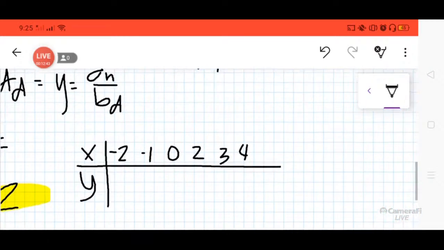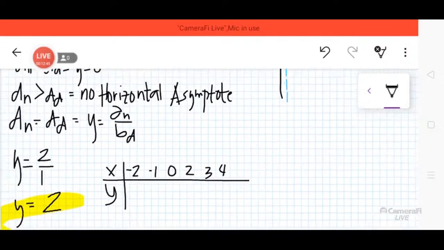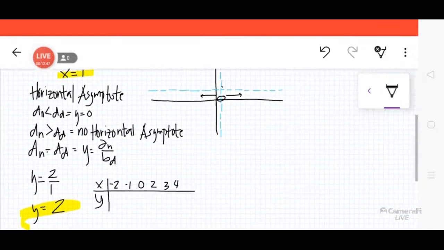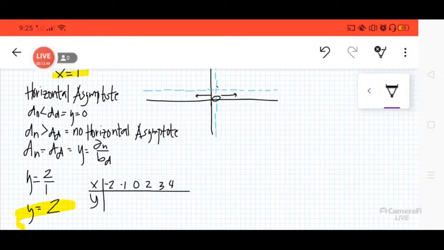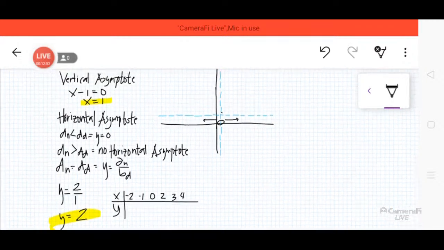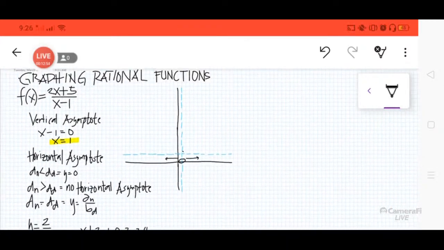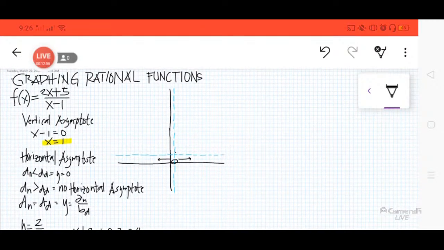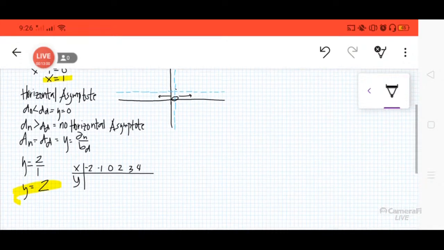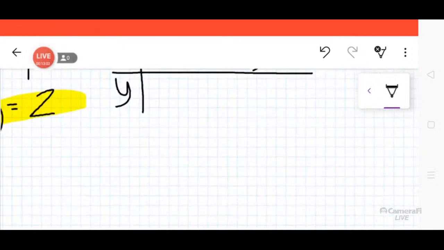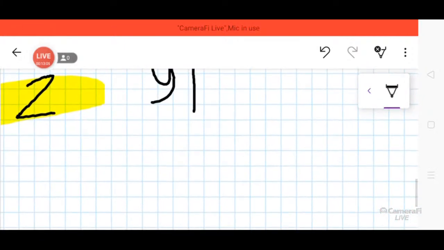For getting the value of y, we have to substitute the x value into our given function, f of x equals 2x plus 5 over x minus 1. Let's try a simple sample.